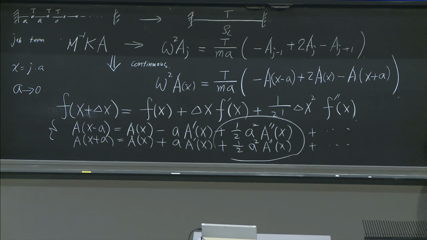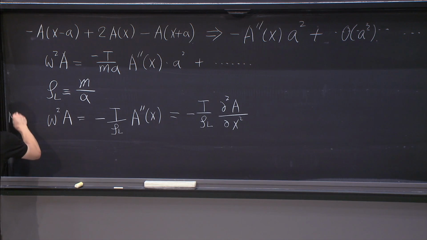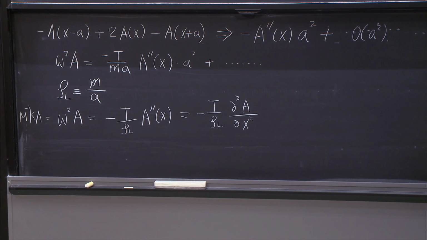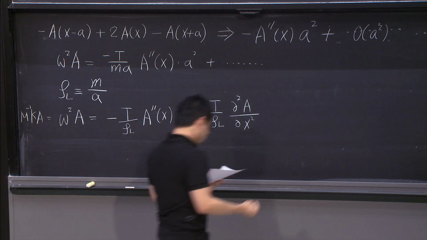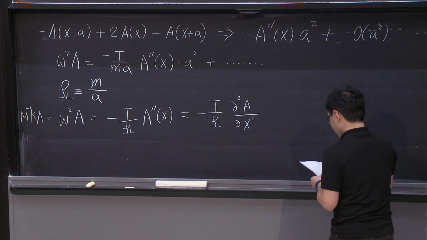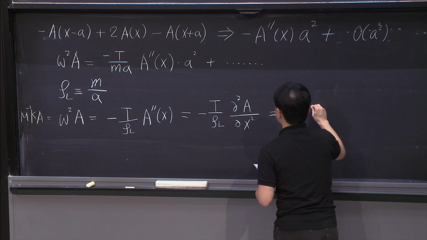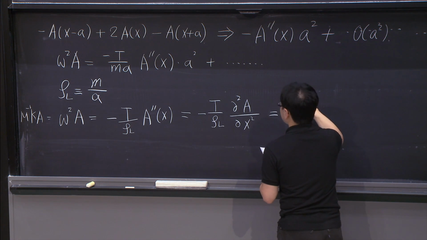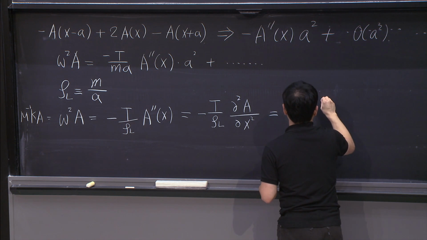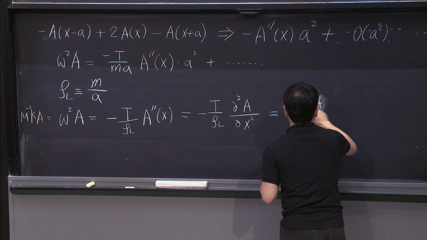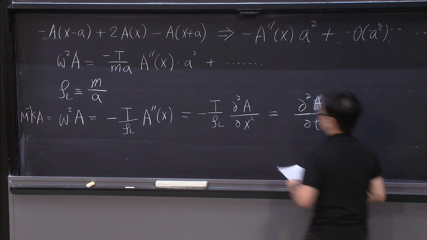Don't forget what this is: this is n minus 1 k a, equal to omega squared a. And that is actually just partial squared a, partial t squared, right?